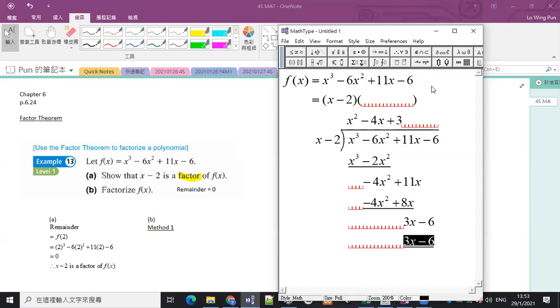Like this. So there will be no remainder. There must be no remainder. Okay, because x minus 2 is a factor of f(x). So when f(x) is divided by x minus 2, that should be completely divisible. Okay, and the remainder must be equal to 0. If you get the remainder not equal to 0, you need to check it again.